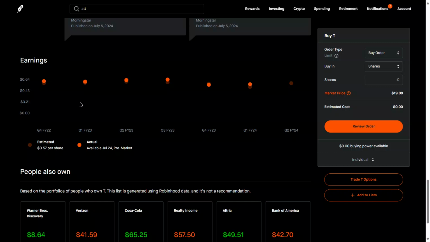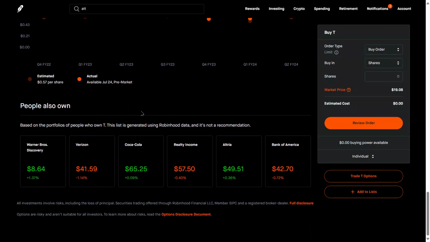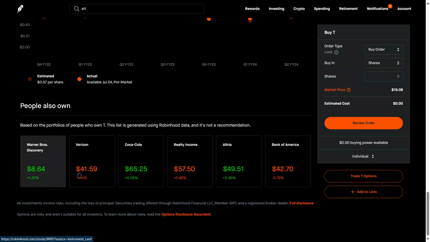You can make money whether the stock is going up or down. So that's what option trading comes in for, right? So earnings operate the same way. Down here, they show you that people who typically invest in AT&T also invest in these companies as well.